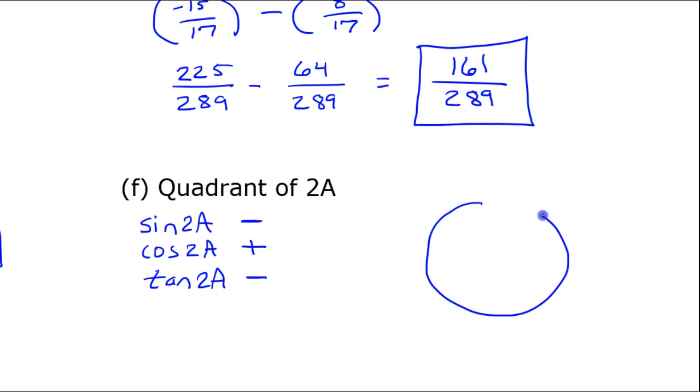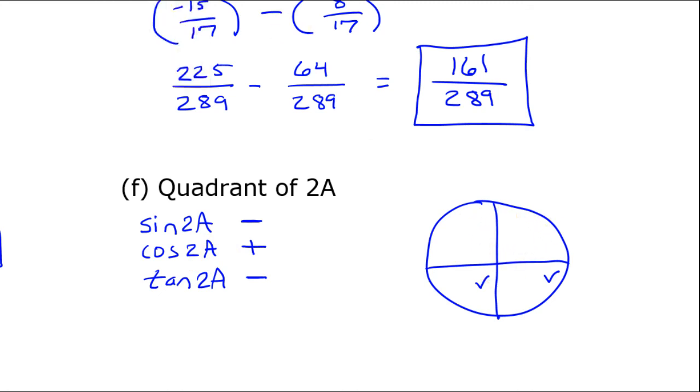Alright, so where is the sine function negative? Well, sine is a y value, so it will be negative below the x-axis in the third and the fourth quadrant. Now, where is the cosine function positive? Well, cosine is an x value, so it will be positive to the right of the x-axis.